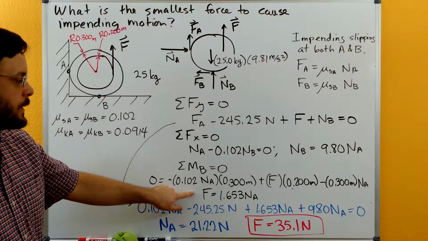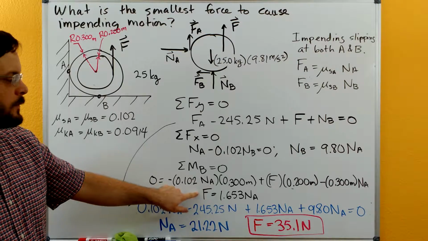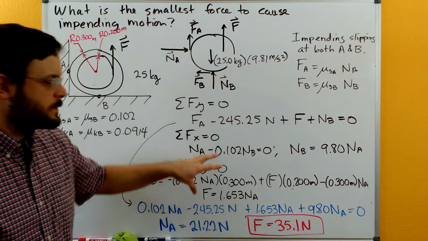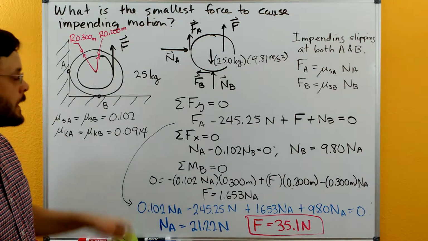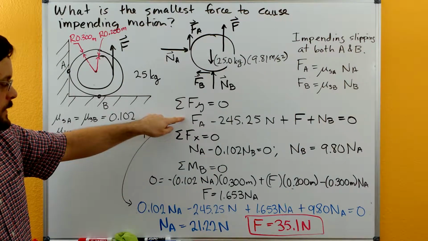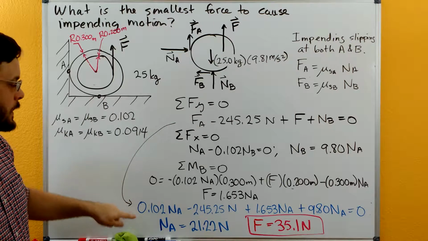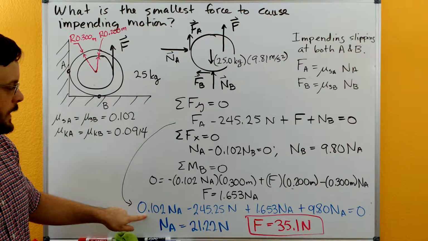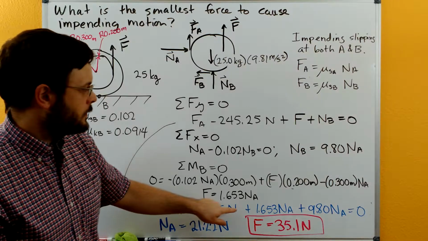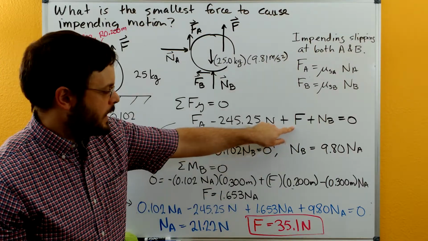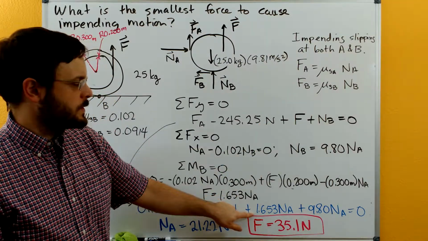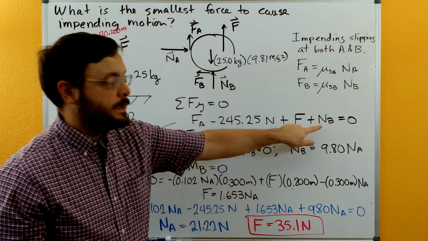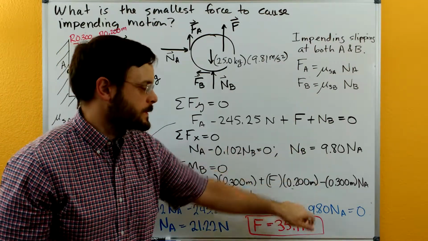Looking at this equation, now we can write F as a function of NA just by combining the terms. Going back to our sum of forces in the y then, we can substitute out FA, write it as 0.102 NA, carry the other terms through. Where we had F, let's go ahead and make this substitution. Where we had NB, let's go ahead and make that substitution.